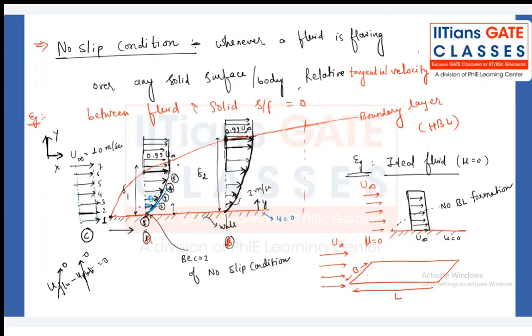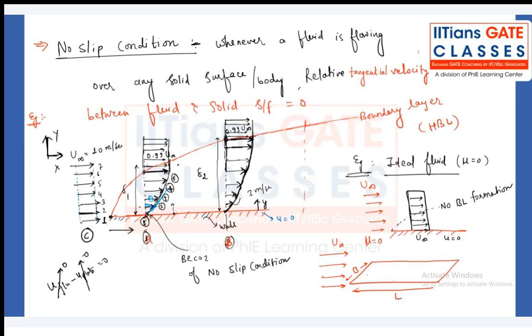The fifth particle is telling me to move, but you are telling me to stop here itself. In this competition, the fourth particle will also be moving, not with that 10 meter per second, but certainly less than 10 meter per second, and definitely more than the third fluid layer after contacting.